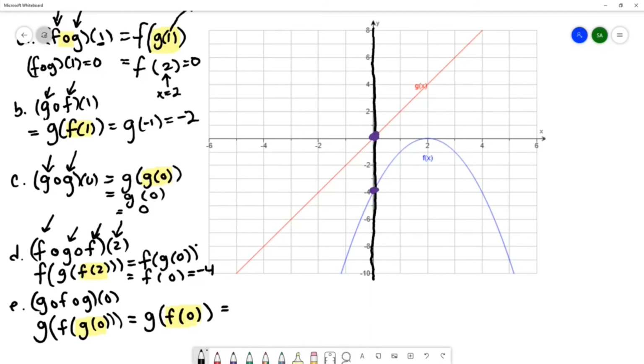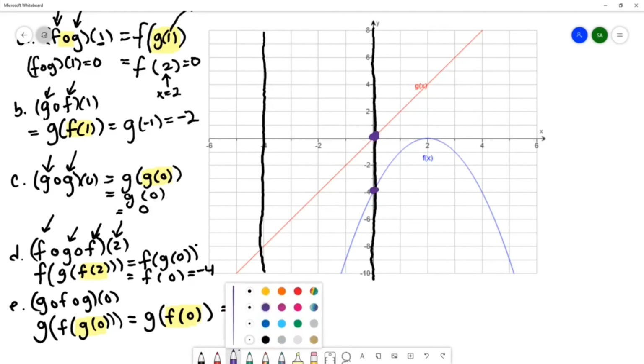So f of 0 is -4. Finally, we'll find g of -4. This is the vertical line x equals -4. We're interested in this point where the vertical line crosses the graph of g. That has a y coordinate of -8. So g of -4 is -8.